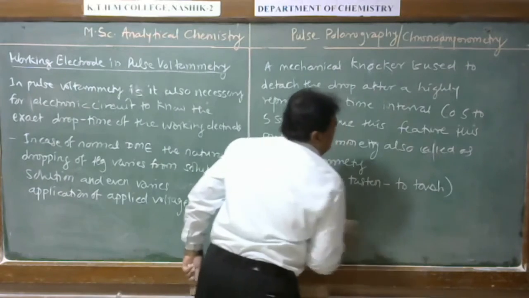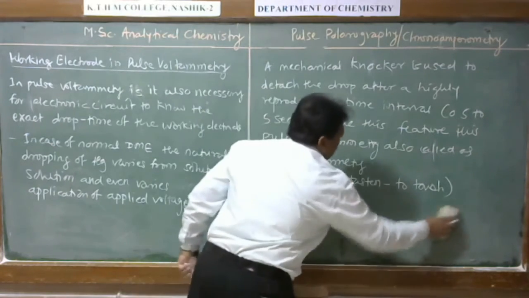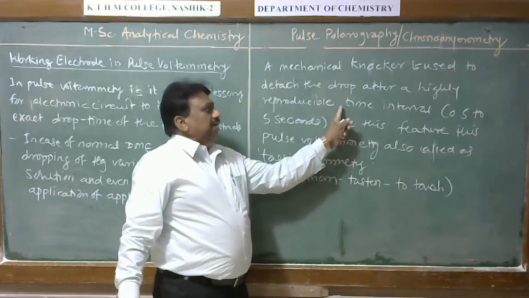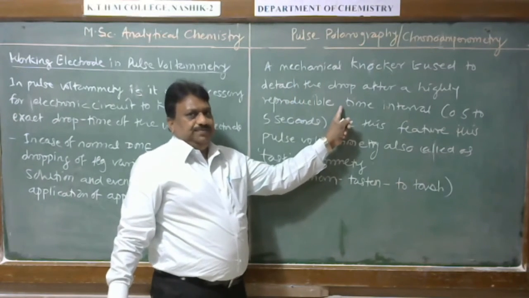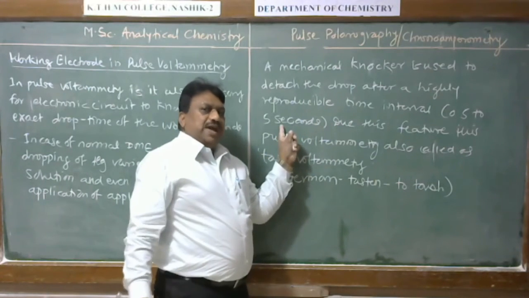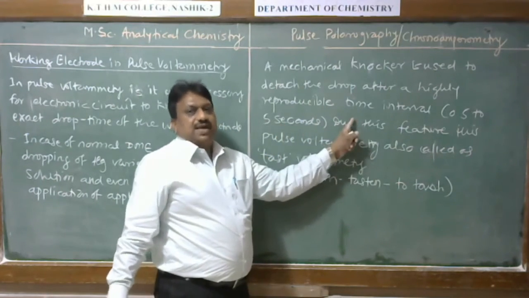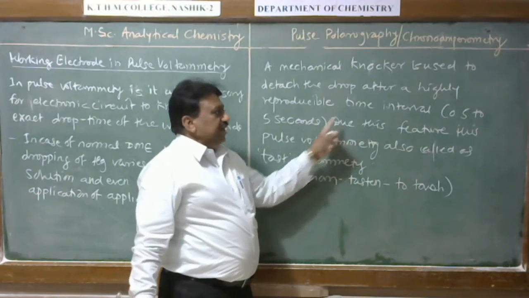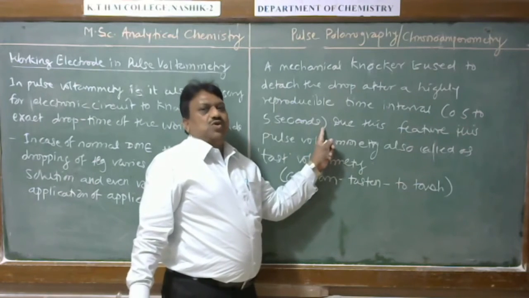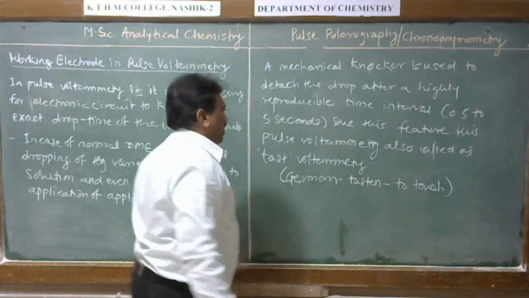Now here, by using a mechanical knocker, we can have a reproducible drop time. That means we can detach the drop from the capillary after a fixed time, and therefore it is easy to determine the current just before the drop falls in the solution.